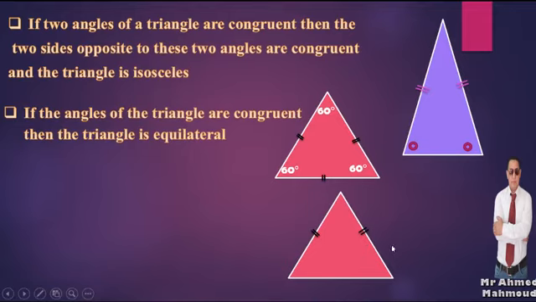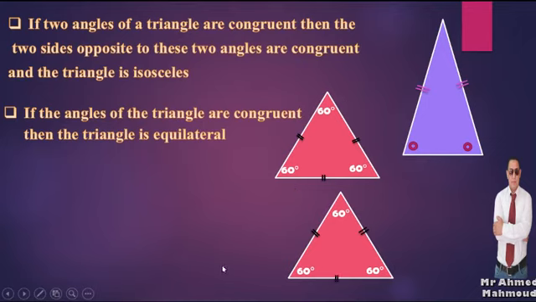Another case: let's say we have a triangle like this, and in the given, two sides are equal. If we have an angle of measure 60, what does that mean? When we have an isosceles triangle, as we studied in the last lesson, and we have 60 degrees here, then we already have 60 degrees here. To find the third angle, we do 180 minus open brackets 60 plus 60, which equals 60 degrees. We see that this triangle is an equilateral triangle.